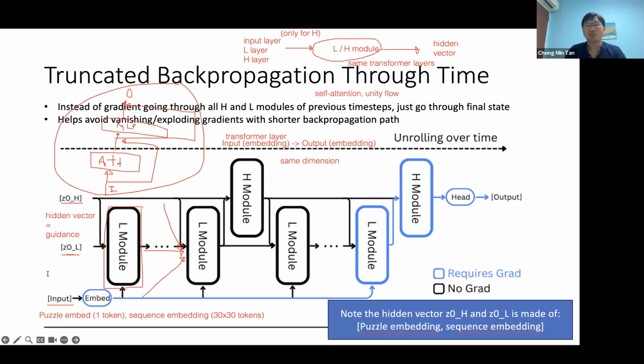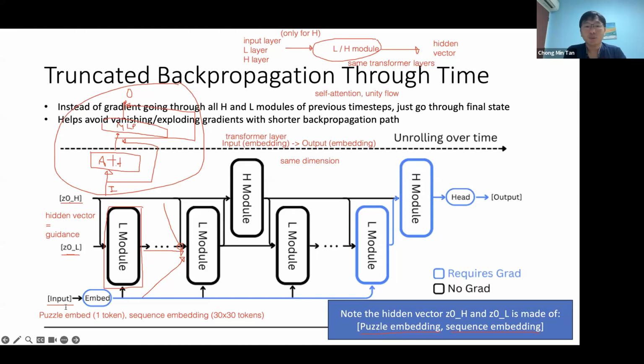It's something like a language telling you, oh, change red cells to green cells. The instructions might be inside here. Of course, the instructions might also be in the input layer, because the input layer has a token for the puzzle embed.